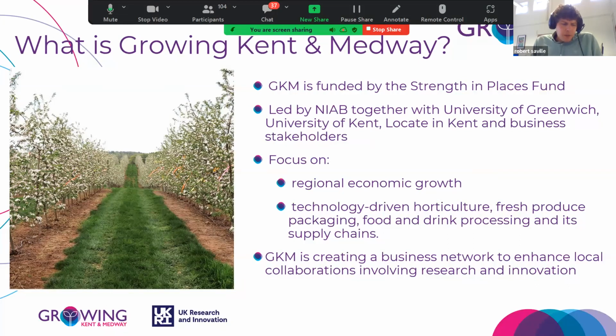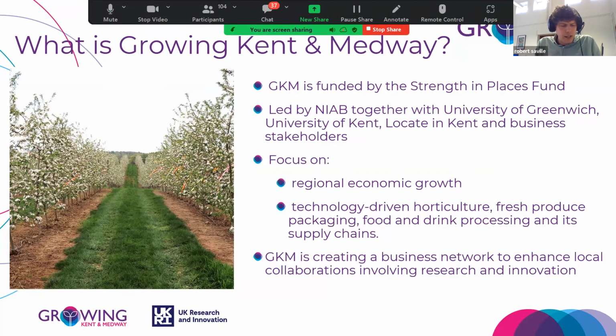So Growing Kent Medway is a 5-year programme funded by Strength in Places Fund, as Scott mentioned. Strength in Places is a UKRI programme that helps areas of the UK to build on existing strengths in research and innovation to deliver benefits to their local economy.